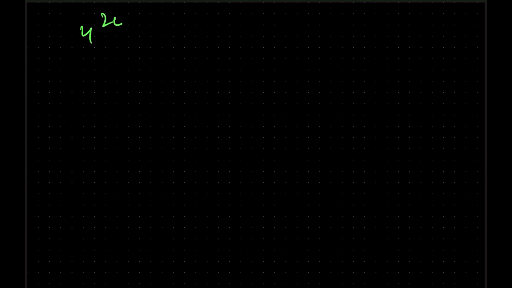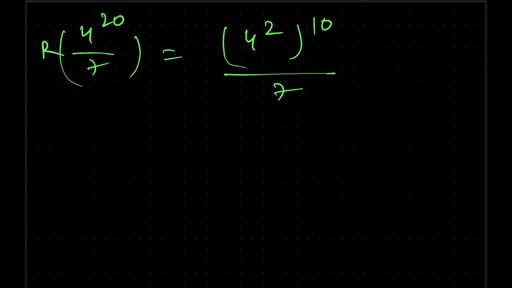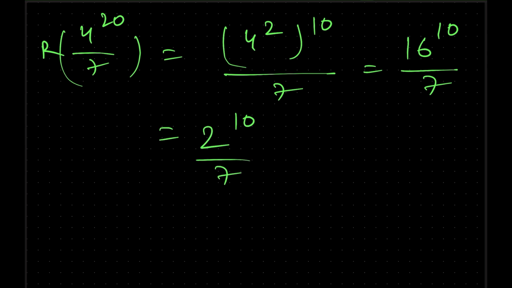So 4 to the power 20 by 7. Now we take 4 squared and 10, so we get 16 to the power 10 by 7, same remainder. When 16 is divided by 7, we get 2 as remainder, so 2 to the power 10 by 7.